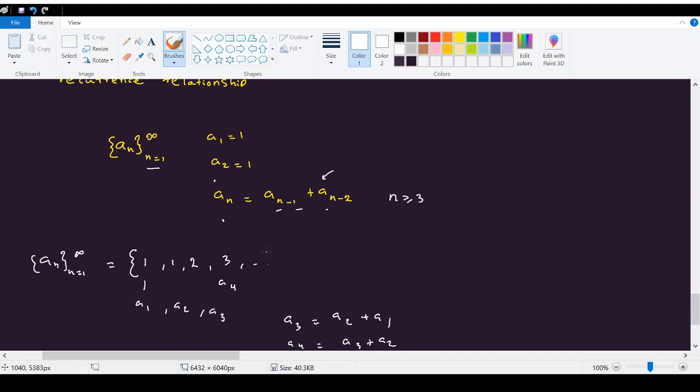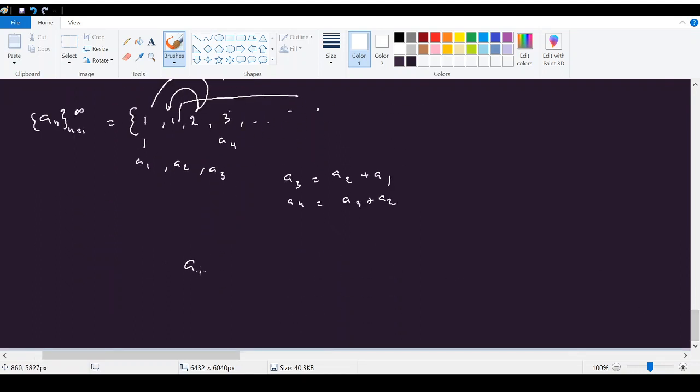So likewise, after the second position, all the other terms will depend on the previous terms. Actually here, all these terms will depend on both the immediate terms situated before this one. It's like to compute a10, we will need a9 as well as a8, right?